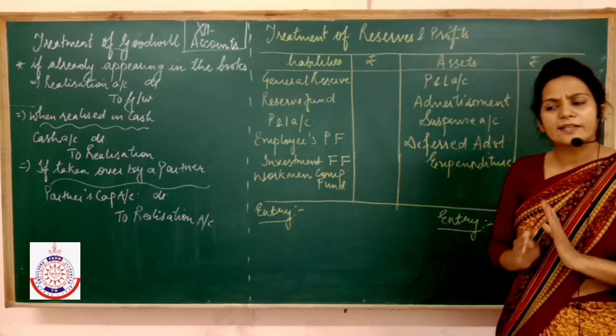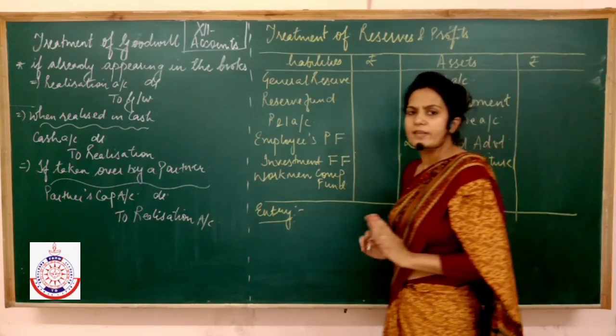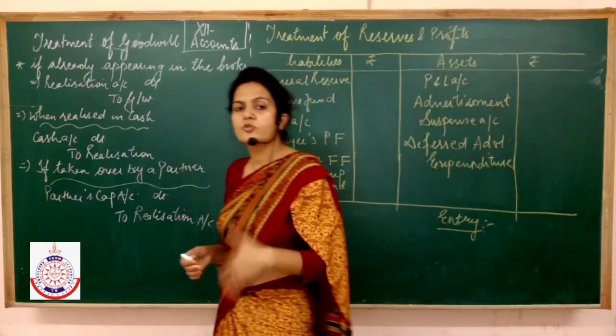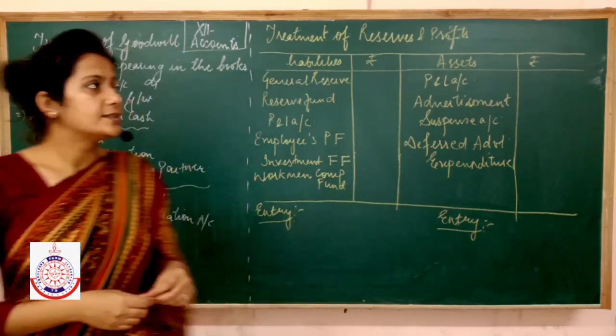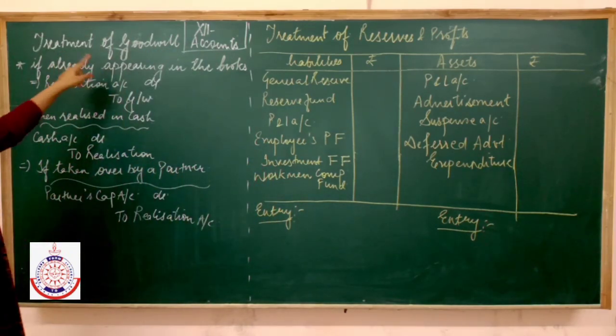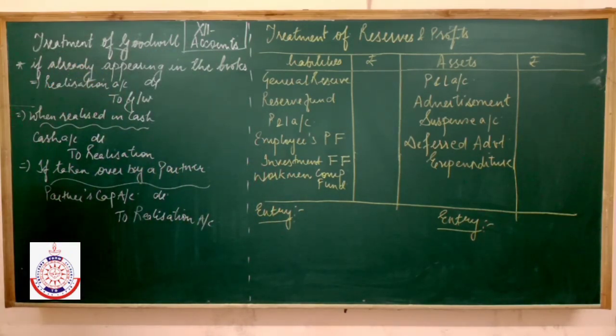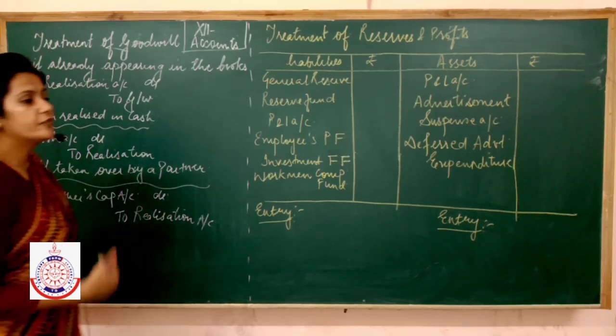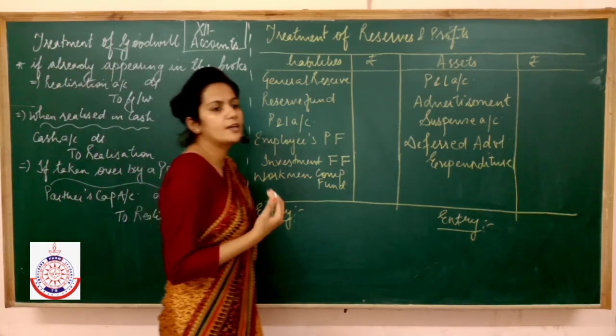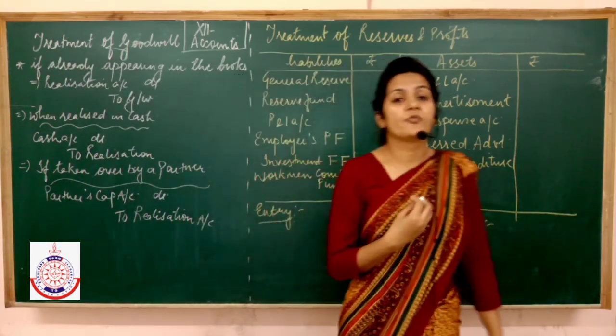So now that we are done with the treatment of assets and liabilities, come to the new topic for today. See, the first topic is treatment of goodwill in the books. When the firm is going to dissolve, the accounting treatment of goodwill is very simple.